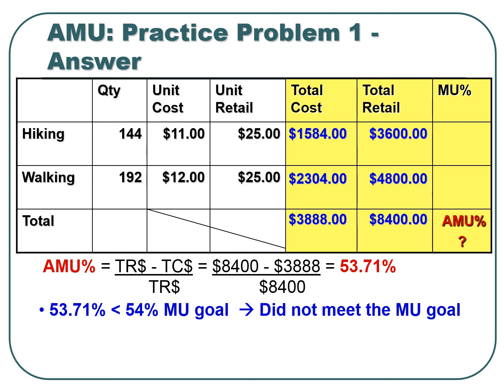So even 0.1% means pretty big dollar numbers eventually. So we want to be pretty accurate when we evaluate our achievement, whether we met the goal or not. So in this case, for a 54% markup goal, we have achieved only 53.71% average markup. So technically, we did not meet the markup goal.